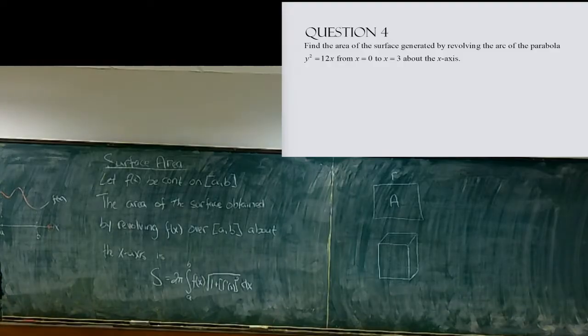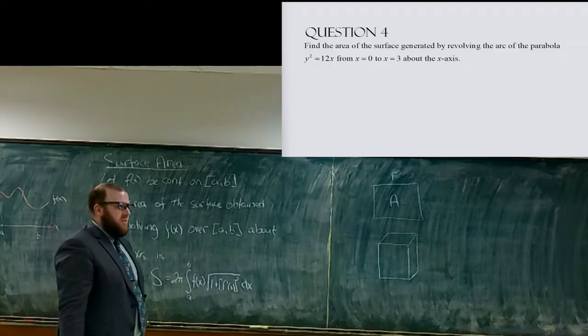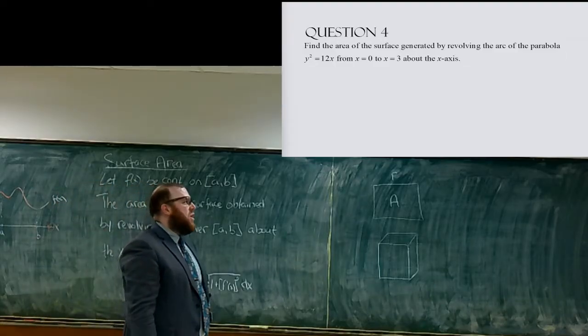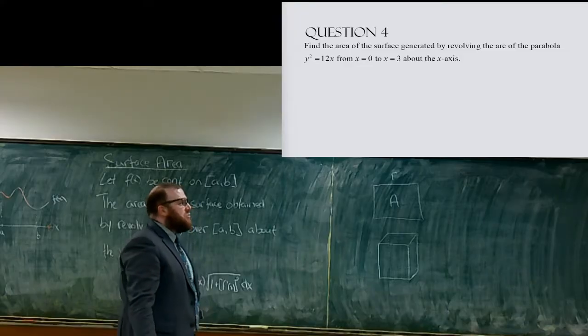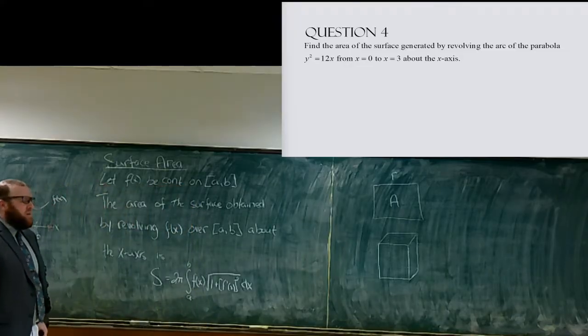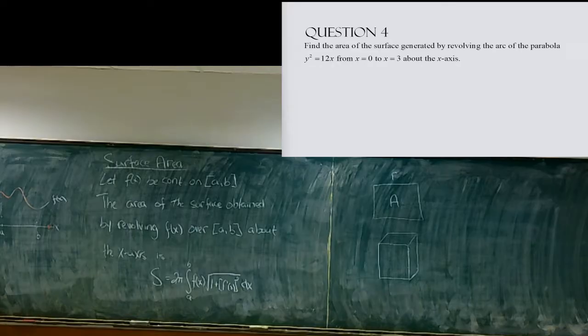Find the area of the surface generated by revolving the arc of the parabola y squared equals 12x from x equals 0 to x equals 3 about the x-axis.